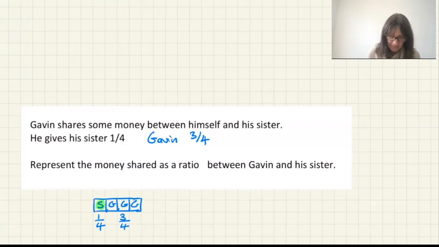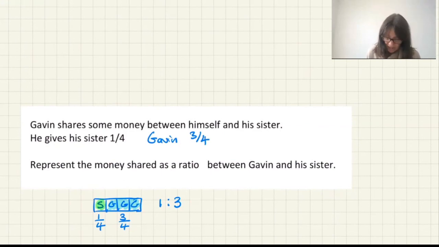There's the sister and there's Gavin. And hopefully, if we were to now think about this as a ratio, you could see that the sister is getting 1 and Gavin is getting 3. Now it's the numerator of our fraction, 1 and 3, that's created that ratio. And it's absolutely true every time. That is the link between fractions and ratios.